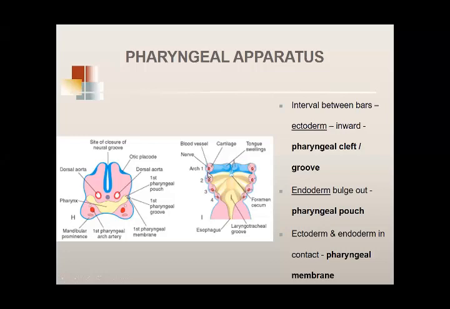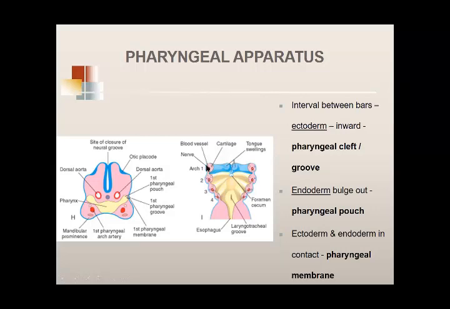So in the region of loose mesenchyme, in between two bars of condensed mesenchyme, or in between two pharyngeal arches, these condensed mesenchyme, they make up the pharyngeal arches. Okay? So in between any two pharyngeal arches, you have this loose mesenchyme.